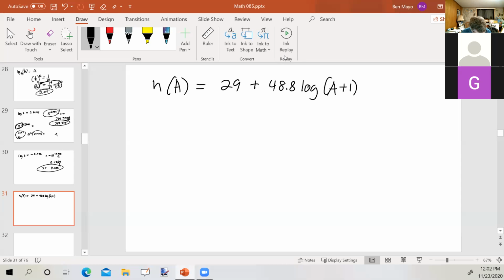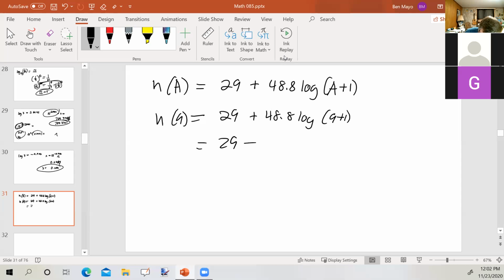Okay, so what does all that mean? Well, if a boy is 9 years old, what percent of his adult height will he have reached? So h of 9, if we put 9 in here and calculate it, we will get the percent of the adult height that this boy will have reached by age 9. So this is 29 plus 48.8 log of what, 10?